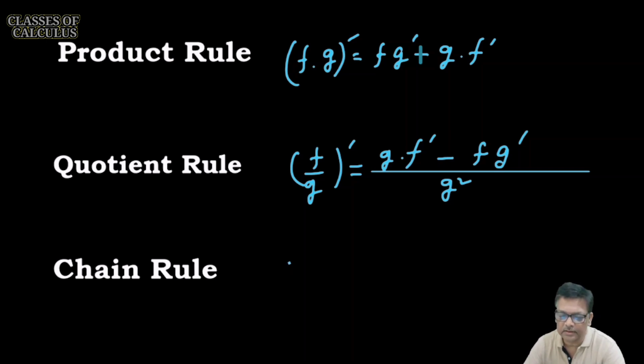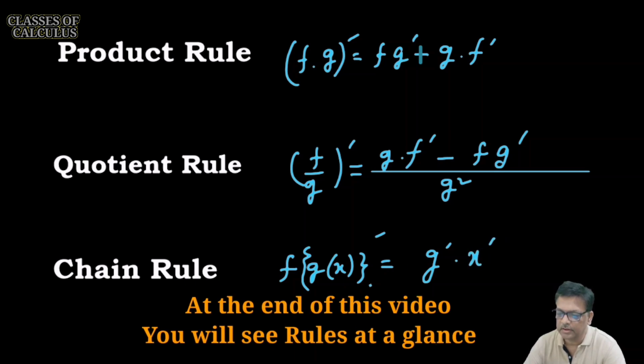So if you have a function like f of g of x, this is a composite function, and the derivative of this is equal to the derivative of the outer function into the derivative of the inner function, that is g dash x. So this is the chain rule formula, and you can apply this formula in various problems of derivatives.